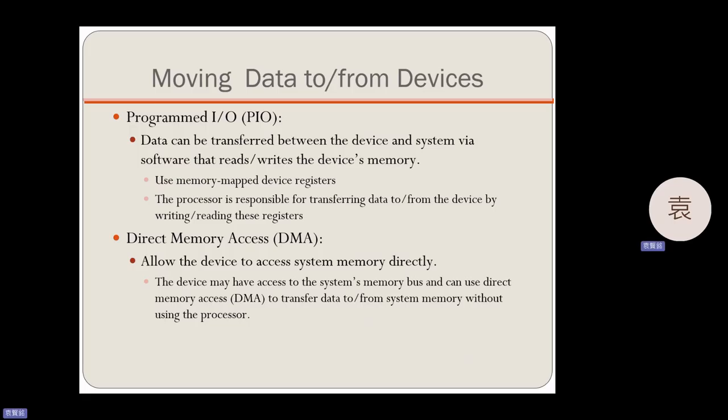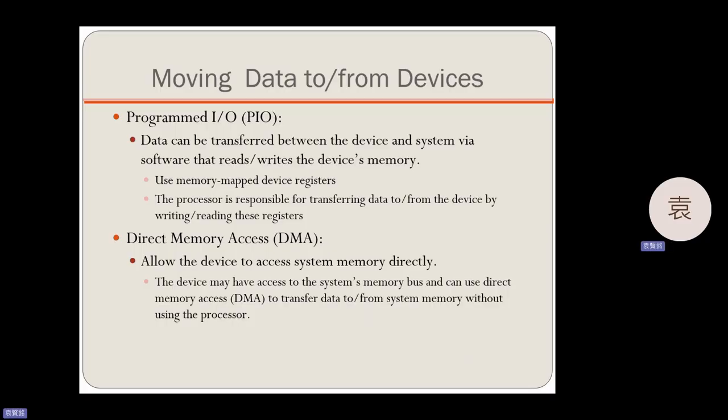To actually transfer data from device to memory or from memory to device, we have two mechanisms. One is what we call programmed I/O. That means the data is transferred between the device and the memory by CPU instructions. The CPU uses read and write directly to the device's memory.